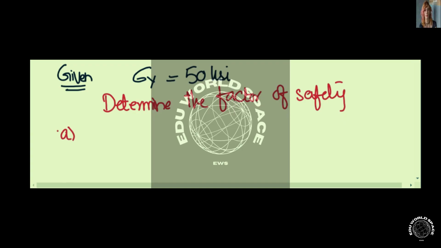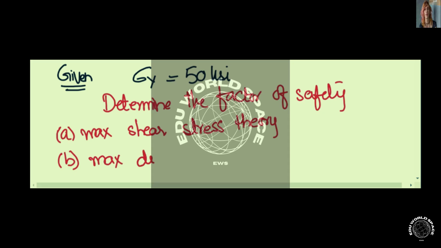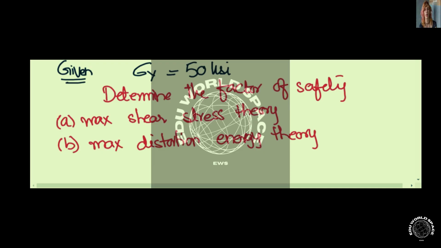We have two parts: Part A is the maximum shear stress theory, and part B is the maximum distortion energy theory. So let's start with part A.